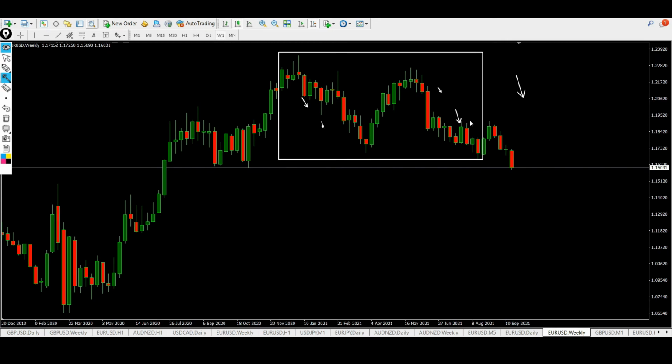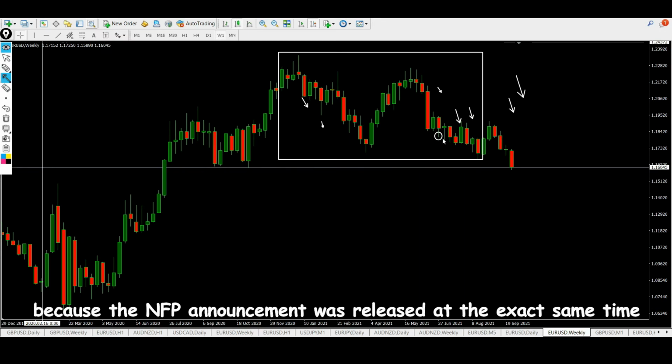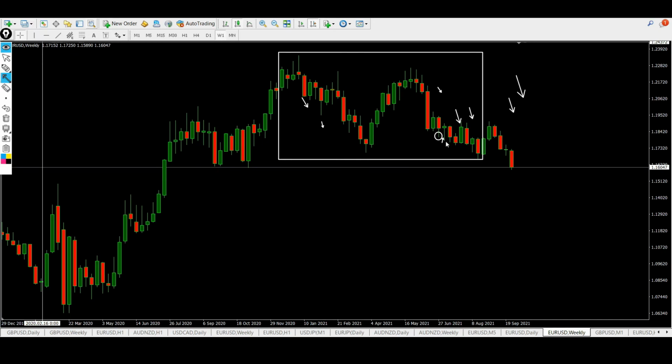Now one setup I have on the lower time frames to enter with this higher time frame short bias are through price patterns. Now in this area right here, there was a price pattern setup that I could have taken for a short entry. However, I did not take this short trade because the NFP announcement was released at the exact same time. Now let me explain this in more detail.